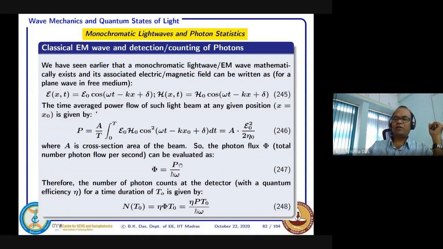Mathematically, we can write the power divided by the energy of a photon, if it is quantum, that is, a quantum-particle-like situation. Now the number of photon counts at the detector has a quantum efficiency eta. So we have a quantum photodetector that, when counting, has a quantum efficiency.